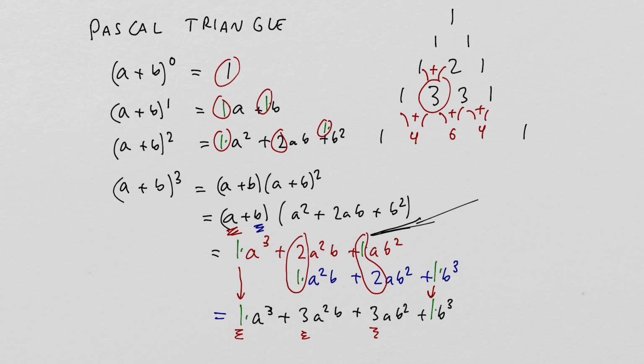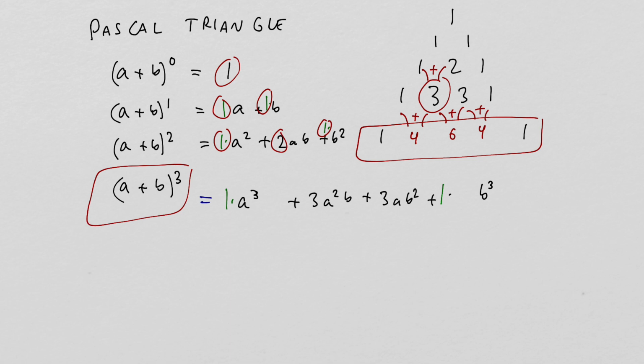The point is that after drawing the triangle, we can use it for these powers of a binomial. We should just see about the powers of a and b. In the first, we can see that b to power 0 is there, b to power 0 is 1, and in the last term we have a to power 0, that is also 1.